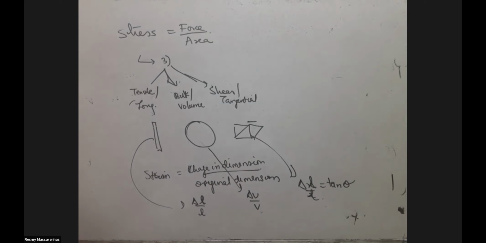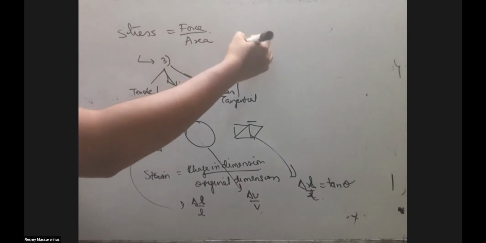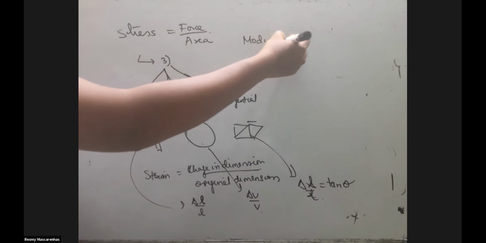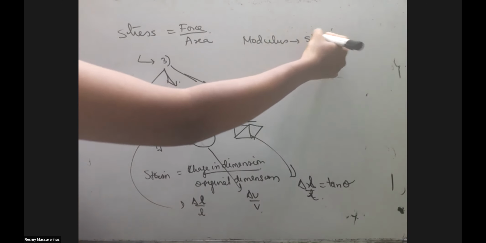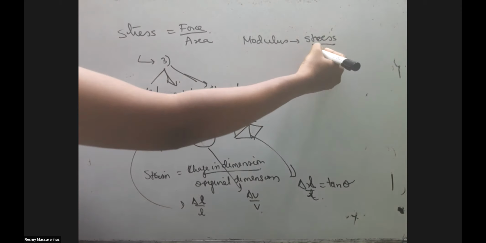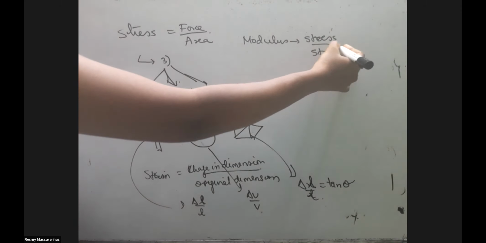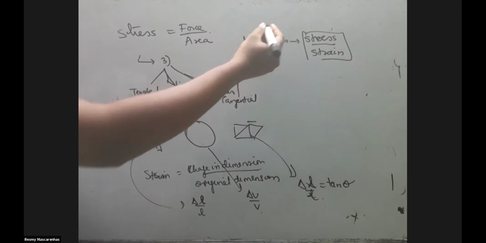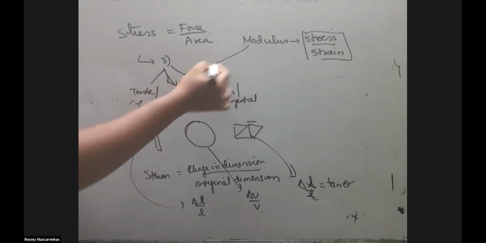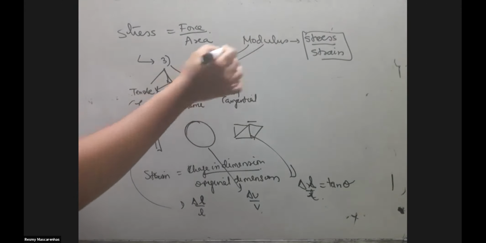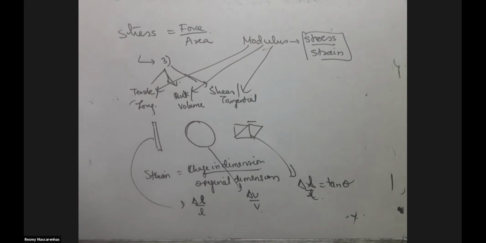Then we saw what is modulus. Modulus is nothing but the ratio of stress upon strain. Now there will be three types of modulus: one for tensile, one for bulk, and one for shear. For the tensile one, it is called Young's modulus, and we already derived a formula for it.